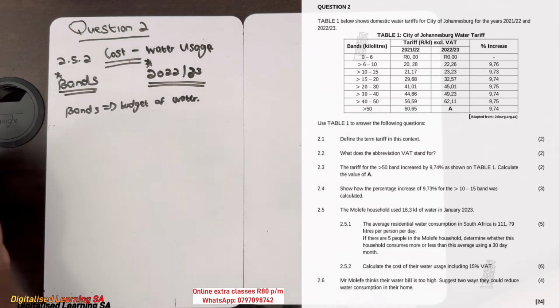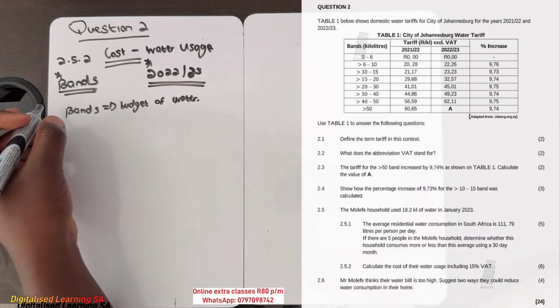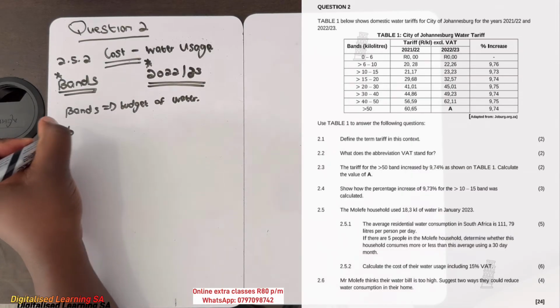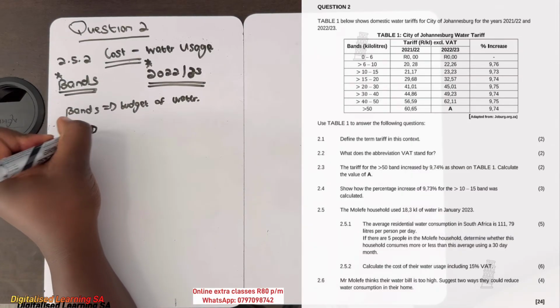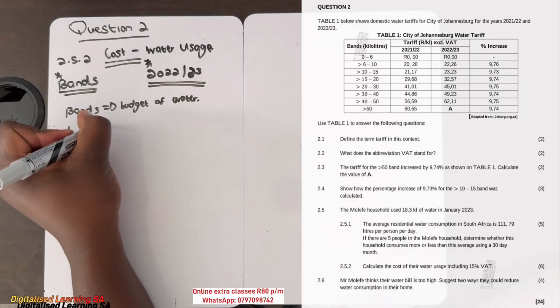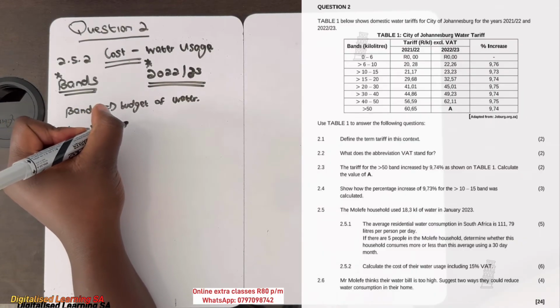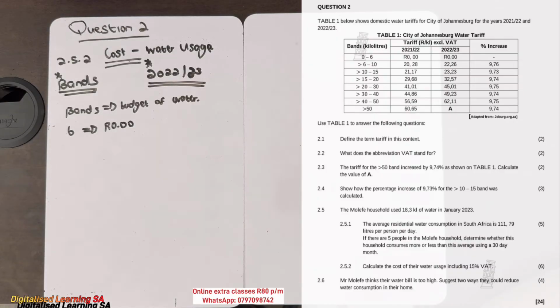So we are told that the first 6 buckets cost nothing, which is 0.00. And then we are told that 6 to 10 bands cost 22.26.